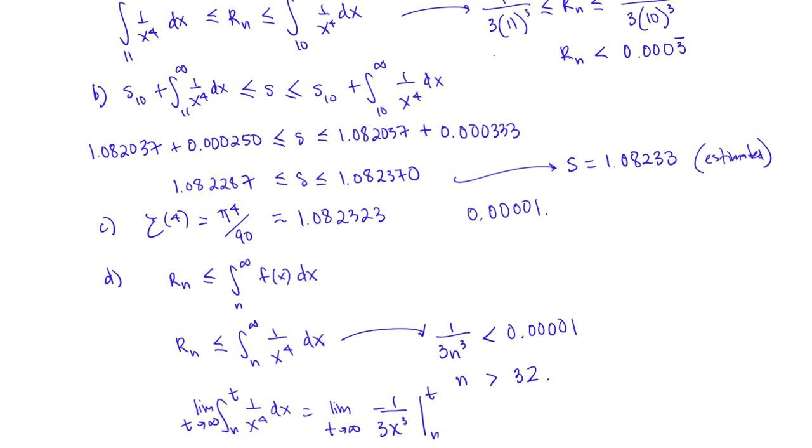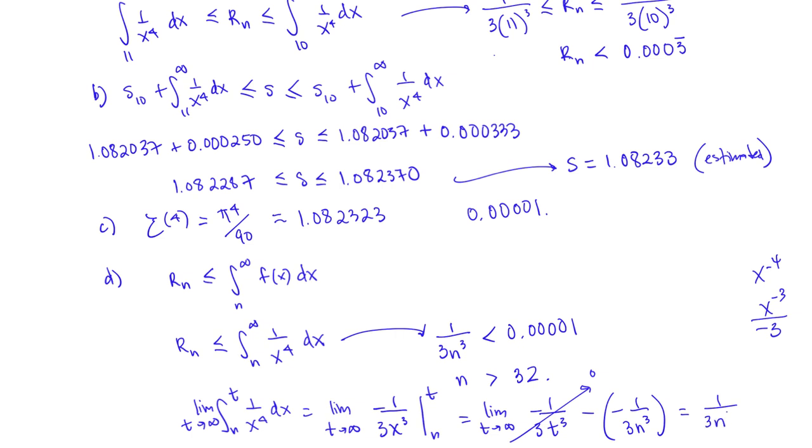The antiderivative of x to the negative fourth is x to the negative 3 over minus 3. And so we take the limit as t goes to infinity of minus 1 over 3 t cubed minus negative 1 over 3 n cubed. But as t goes to infinity, 1 over 3 t cubed goes to 0. And so we end up with 1 over 3 n cubed.